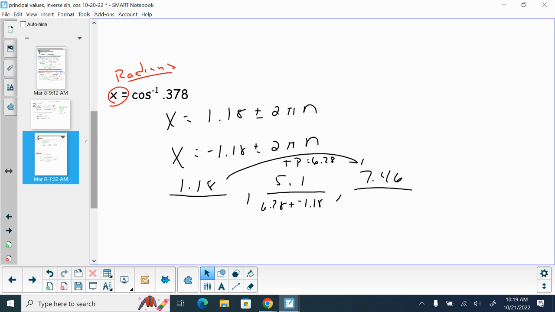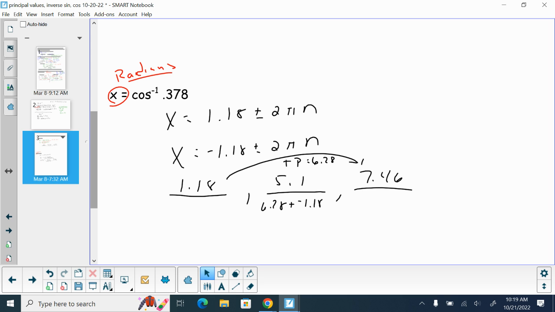Now, what you have to pay attention to when you're going through the problems. You go to number 3. The variable you have in problem number 3 is theta, which means what mode your calculator has to be in? Degrees. Problem number 6, you're in x, so you need to go back to radians.